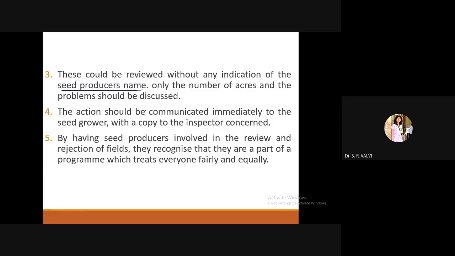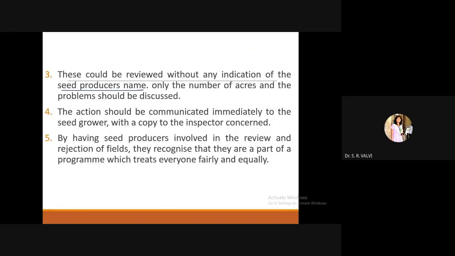Next, the action should be communicated immediately to the seed growers with a copy to the inspector concerned. By having seed producers involved in the review and rejection of the fields, they recognize that they are a part of a program which treats everyone fairly and equally. So your intention should be, finally, to involve the seed producers.